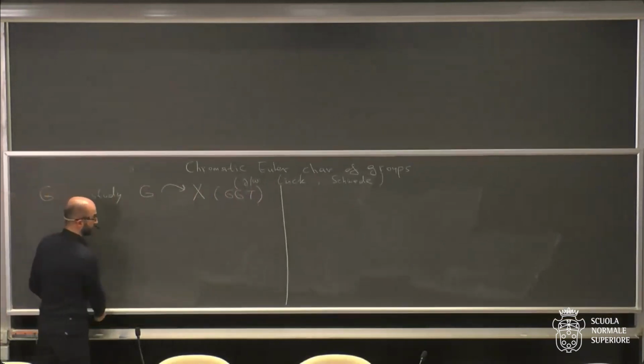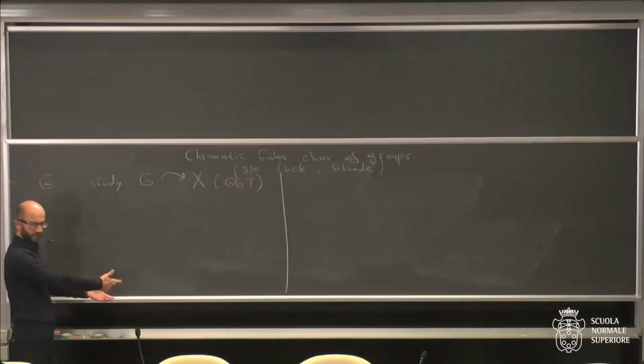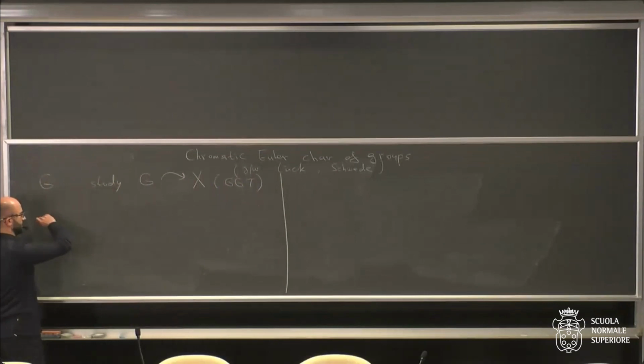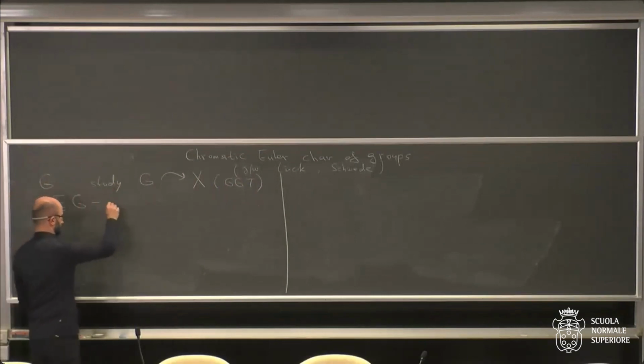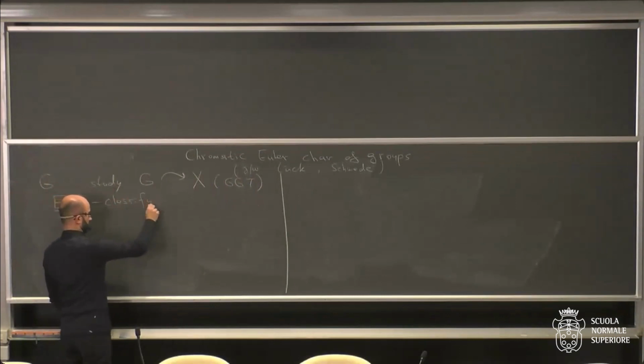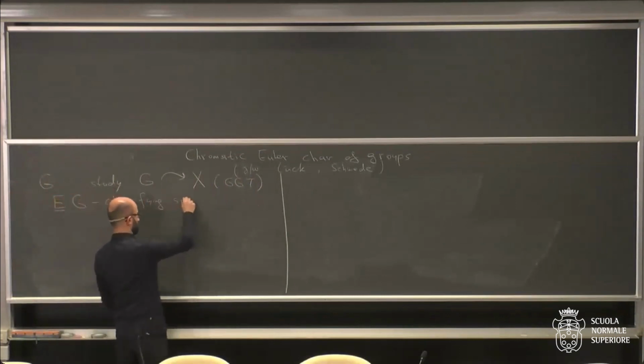Now, a particular nice space to study is E under bar G. This is a space called the classifying space for proper actions.